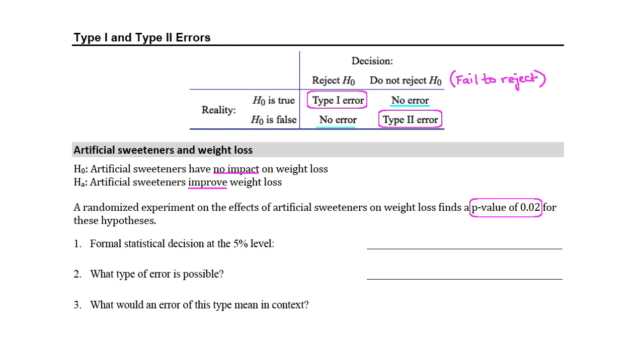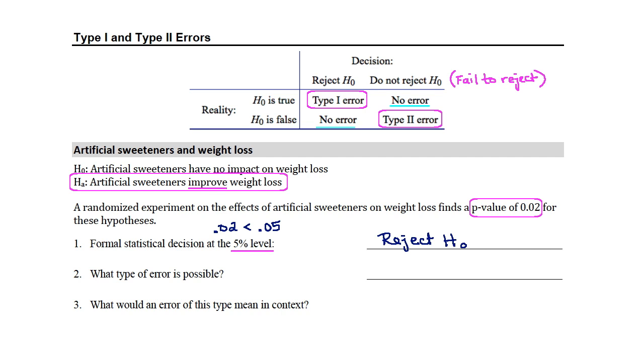So the first thing we need to ask ourselves is, if we're looking at the 5% level, let's make a formal statistical decision. Do we reject the null hypothesis or do we fail to reject? Because our p-value 0.02 is less than 0.05, which is the equivalent of 5%, we would in this case reject the null hypothesis, meaning that we find statistically significant evidence in support of the alternative hypothesis.